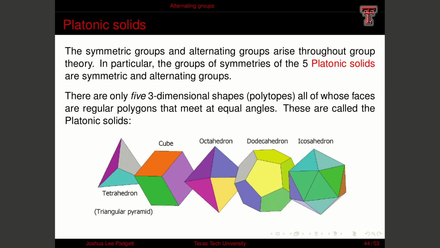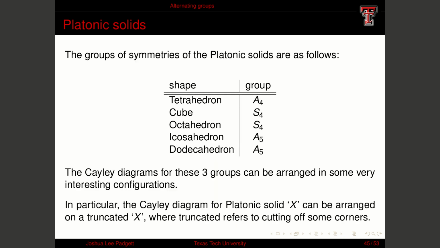So what do I mean? The Cayley diagram for the cube can be thought of as taking the cube, and then at every corner we're going to make a slice. And that's going to represent some kind of object of that slice that we make. So the cube's going to have all these slices at each of its 8 corners. All right. The octahedron's going to have some slices at each of its corners. The tetrahedron will have slices at its corners, and so on.